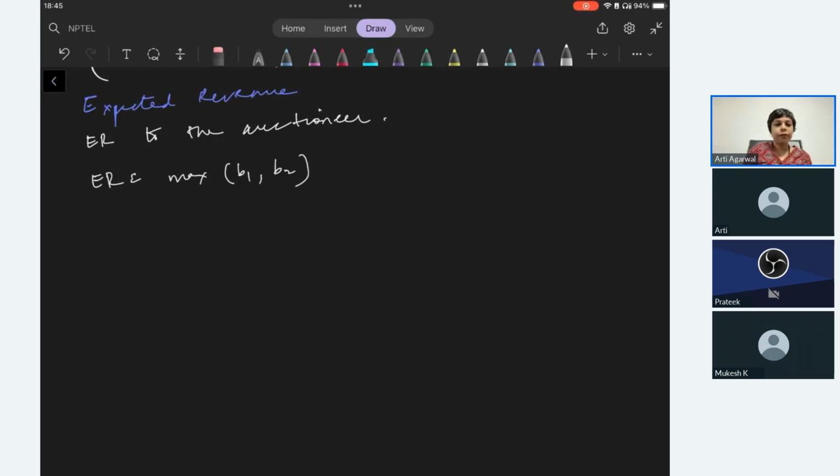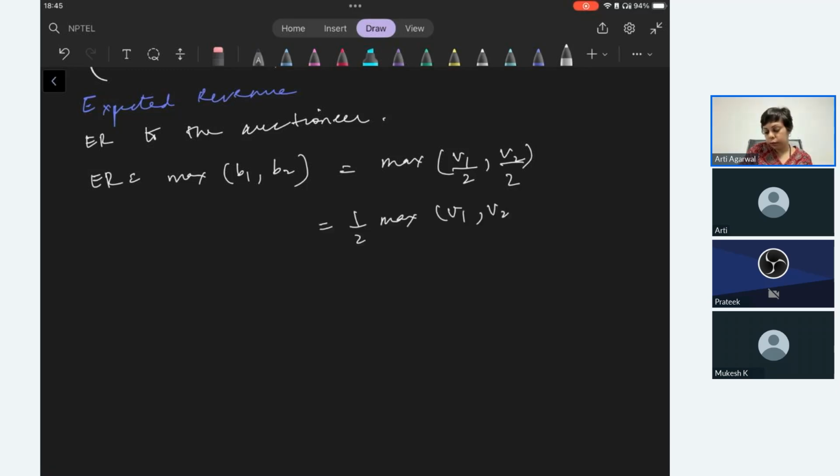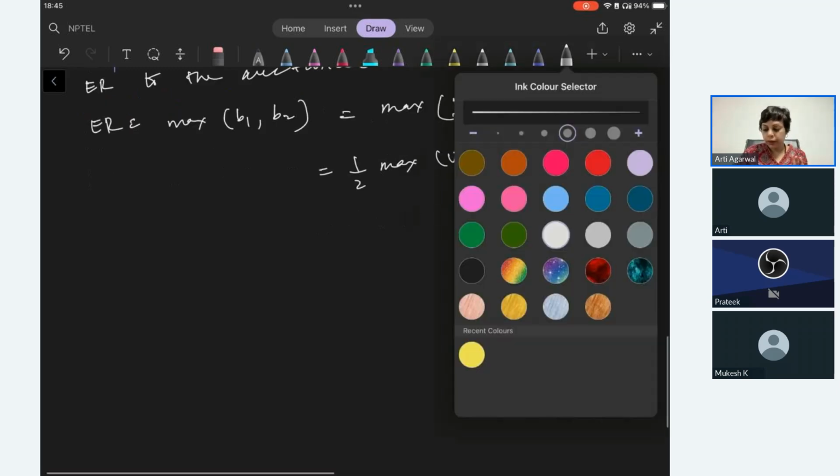And from the previous result, we just found out that this is nothing but maximum of V1 by 2, comma V2 by 2, because B1 and B2 came out to be V1 by 2 and V2 by 2, or half of maximum of V1, comma V2. Okay, this is not complicated. This is pretty straightforward. It's the same thing which we have been doing till now.